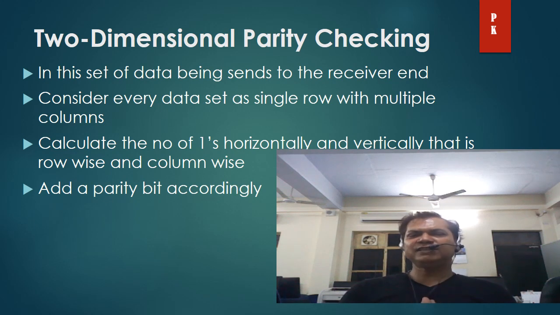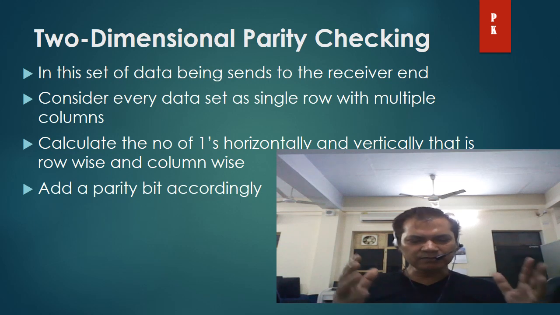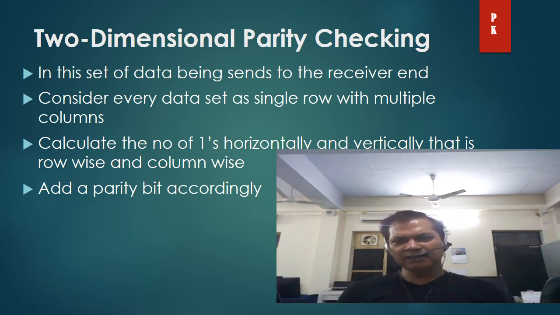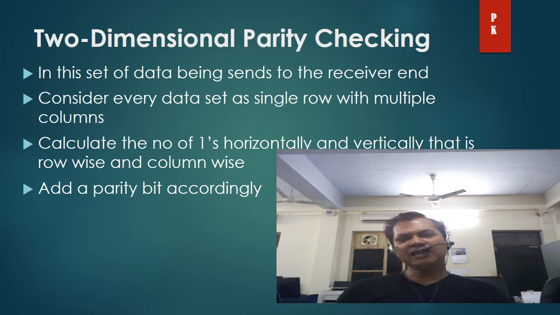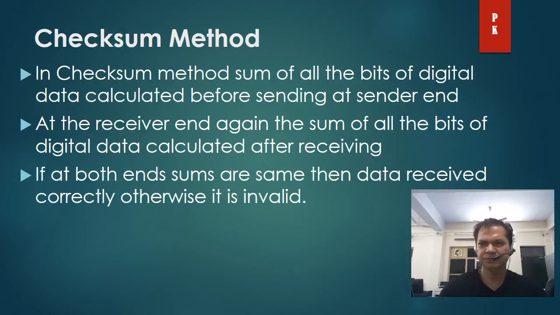If the number of ones is odd, then we will add 1 as the parity bit, and if the number of ones is even, then we will add 0 as the parity bit. And after receiving, the same will be matched. If the receiver and the sender data match with the parity bit, then the data is okay, otherwise it's invalid data. Now the third method generally used to check errors in a network is the checksum method.